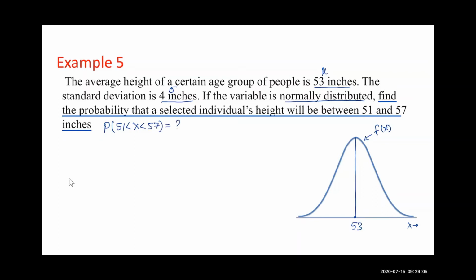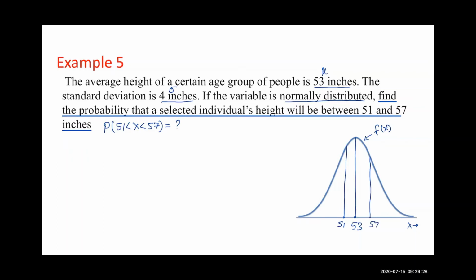What is this equal to? We need to find that. So 53 is here. 51 will be somewhere here. So let's label that. So that is 51. And then 57 should be somewhere there, a little bit far.